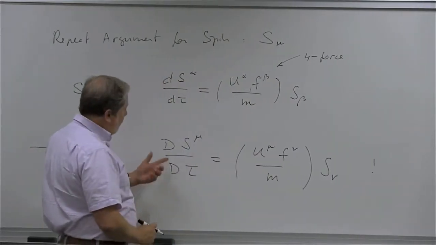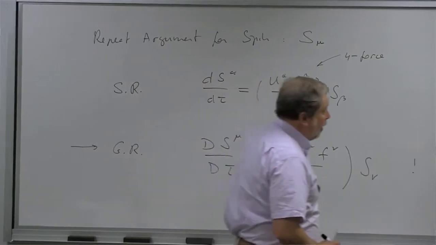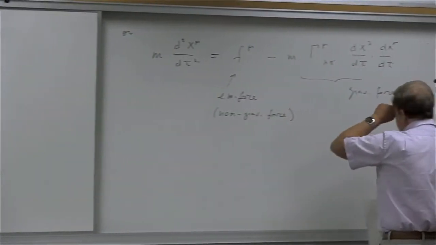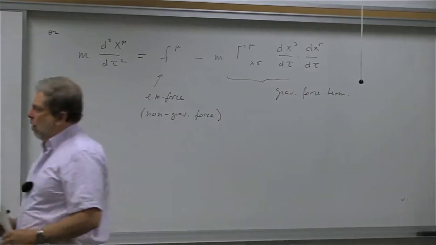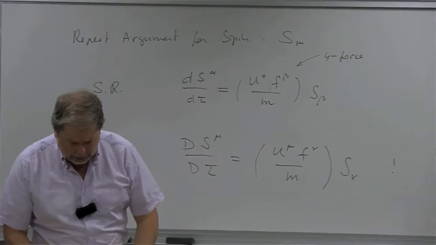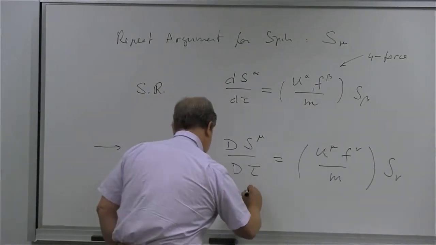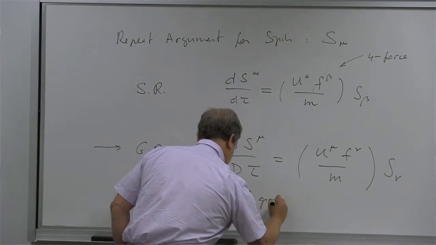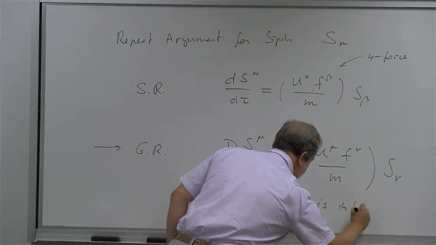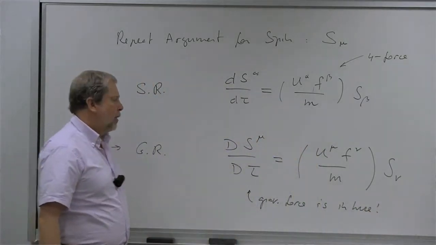So now we can take the term that appears here, which has the affine connection in it, and we can move it over to this side. And, well, we will not do that, but you can separate the gravitational force contribution. Gravitational force is in one of the 2 terms in here.